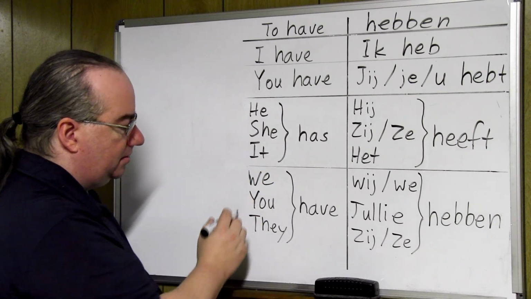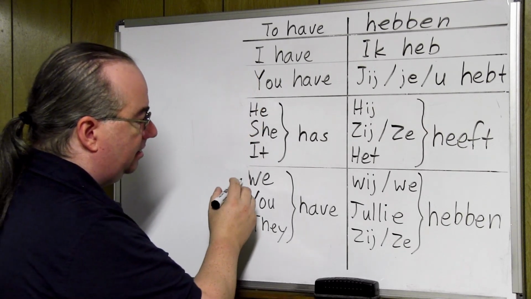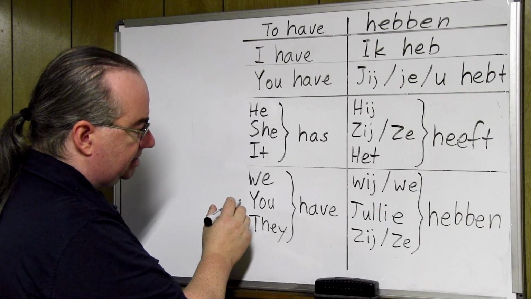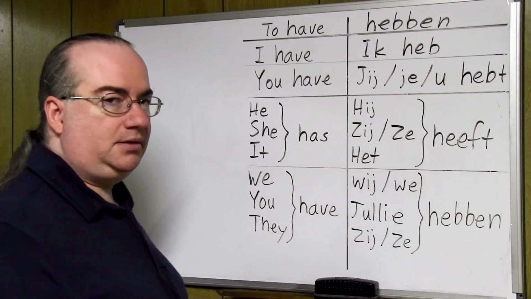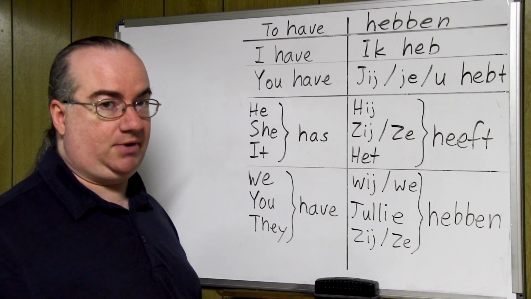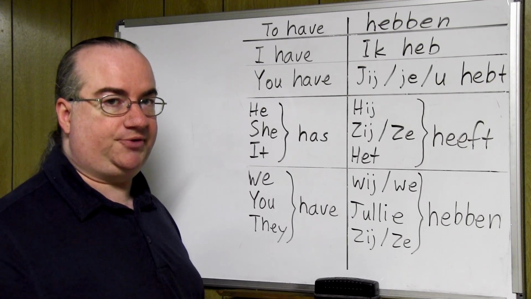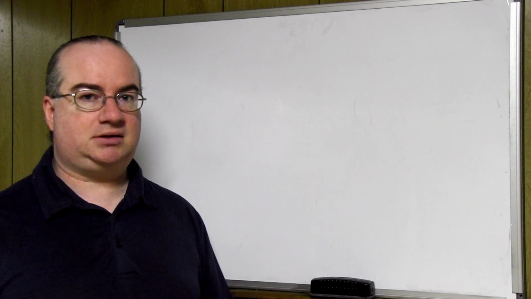And then down here, these are all plurals. But it works the same way as it does up here. First person plural, second person plural, third person plural. I won't always use that terminology, but if I do, or if anyone else does, then you'll know what they're talking about.